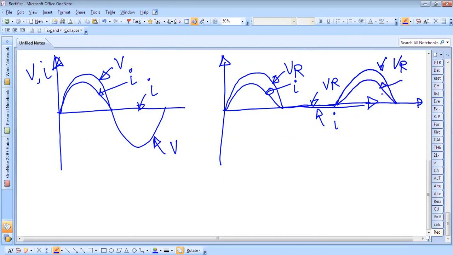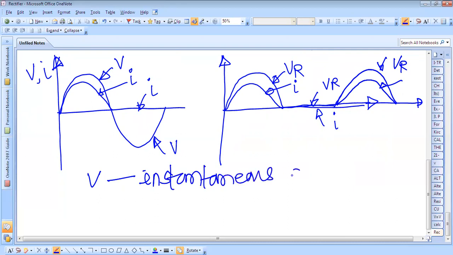So these current and voltage are unidirectional. Okay, and the load current and voltage drop across the load are unidirectional. So V is the instantaneous supply voltage. VD is the instantaneous voltage across the diode.